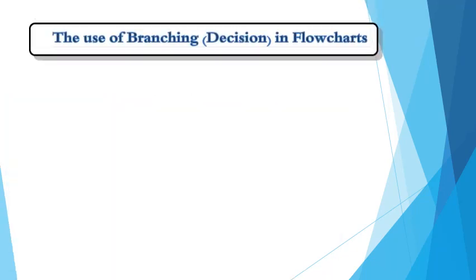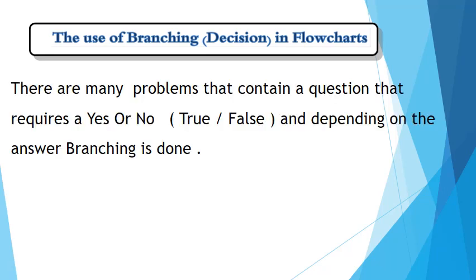Second, we will talk about the branching flowchart, or the use of branching or the decision in a flowchart. There are many problems that contain a question that requires a yes or no, true or false, and depending on the answer, branching is done.